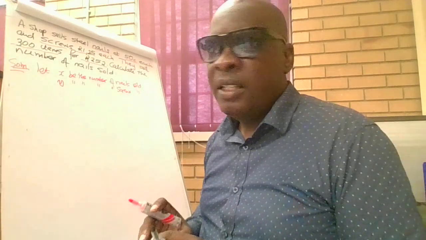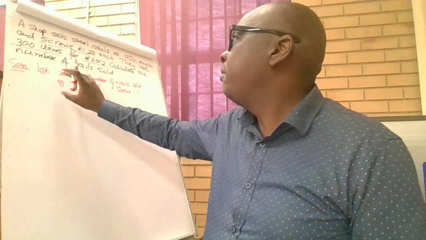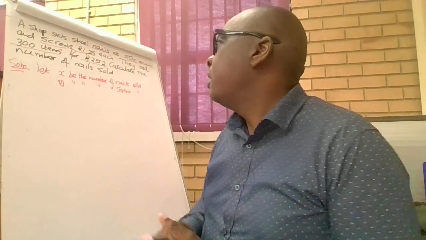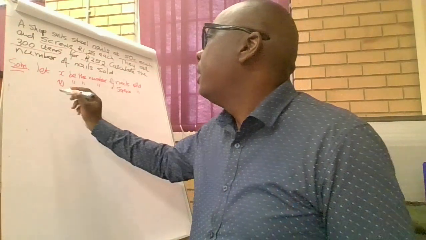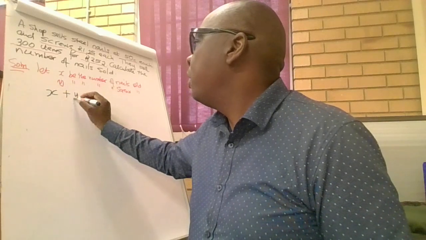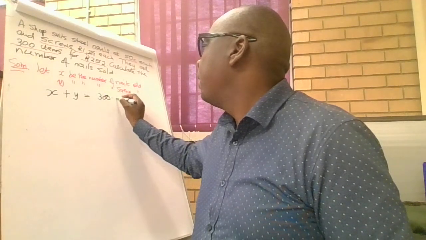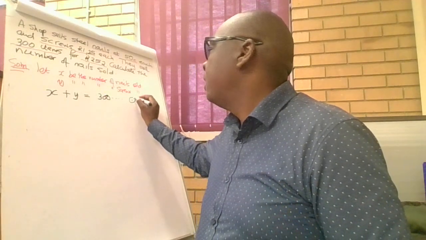So I've defined my variables there. From these variables, you can see that the total number of items sold, x plus y, should be equal to 300. So I've actually managed to formulate an equation there.